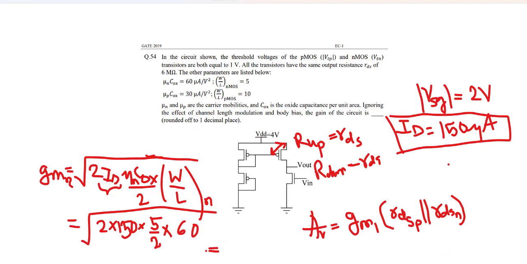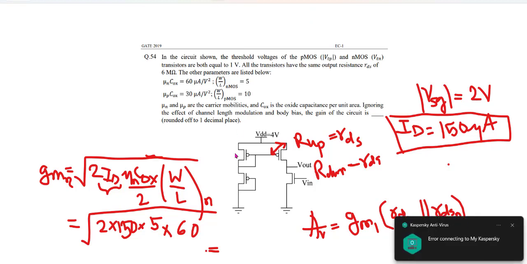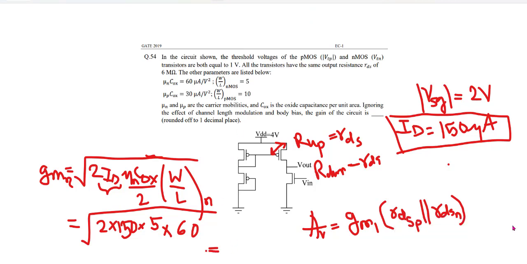So the 2 here will not be there. So now you see what you are getting. So under root of 2 into 300 into 60.